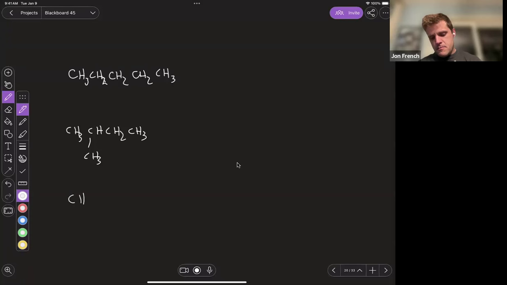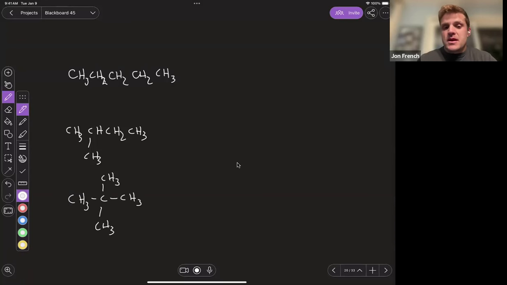So this is your question about branching here. All of these have the same number of carbons, same number of hydrogens, and so we can't say one is larger than the other. They have the same molecular weight.